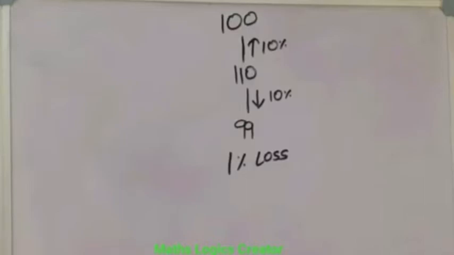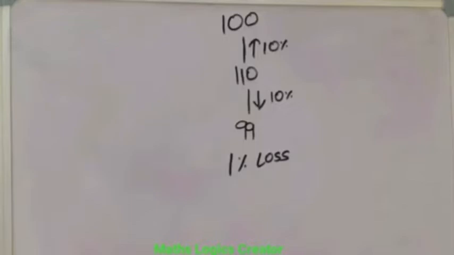The rate is increased by 10% first. In 100, 10% means 10 rupees, so 100 plus 10 is equal to 110. Then the commodity decreases in price by 10%. In 110, 10% means 11 rupees, so 110 minus 11 is 99. So there is a loss of 1%. So the answer is going to be 1% loss.